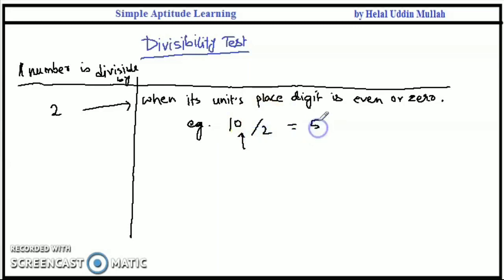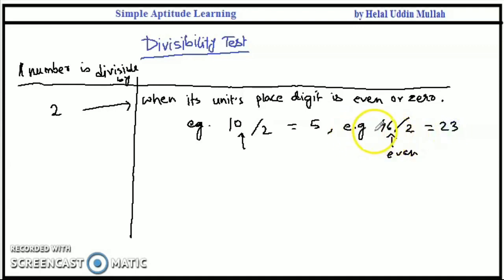Or, for example, 46: its unit place digit is 6. It is not 0 but it is even. So if the unit place digit is even, then it is also divisible by 2. So 46 can be divided by 2, which is equal to 23.